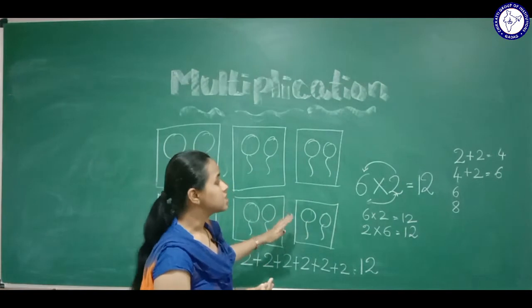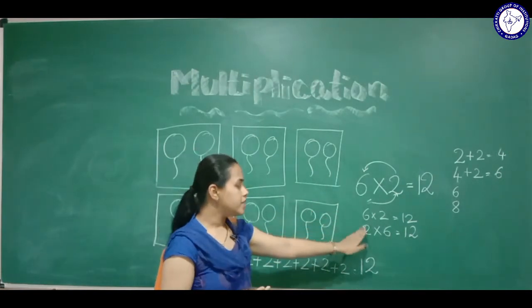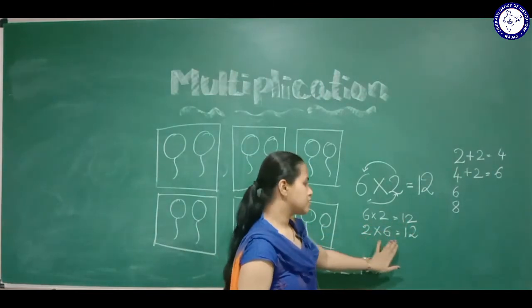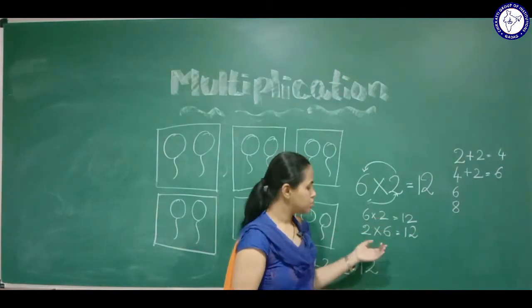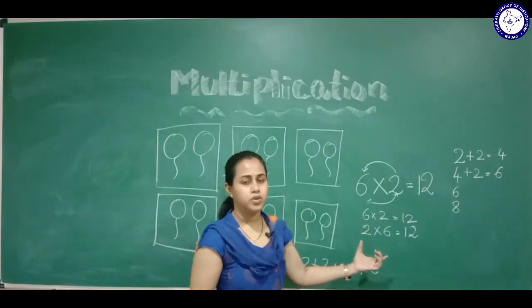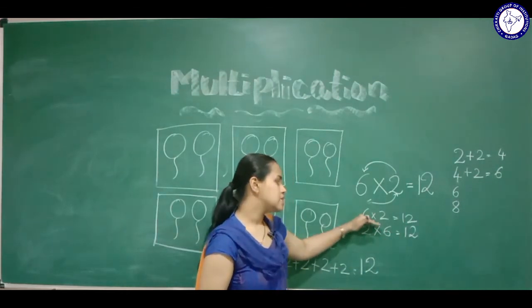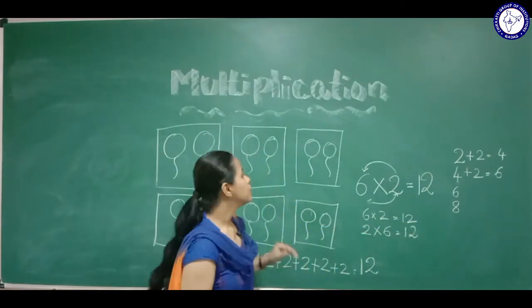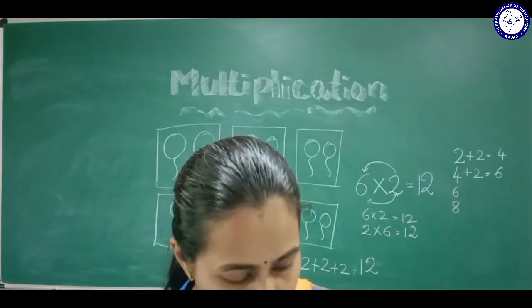So the same thing: 6 into 2 is 12, and 2 into 6 is also 12. If we multiply the same numbers, the answer is the same. This is one example. I'll give some more examples here.